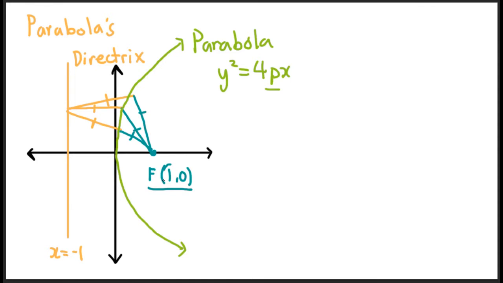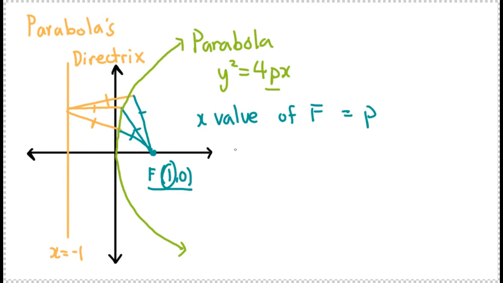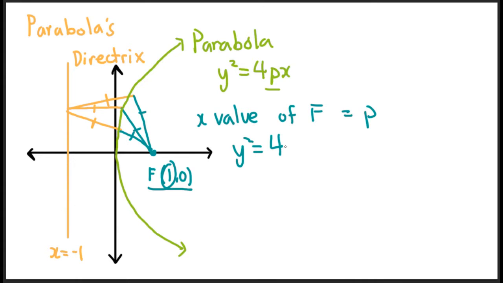The focal point is (1, 0), and in the equation y squared equals 4px, the x value of the focal point equals p. So we can know that y squared equals 4x in this case.